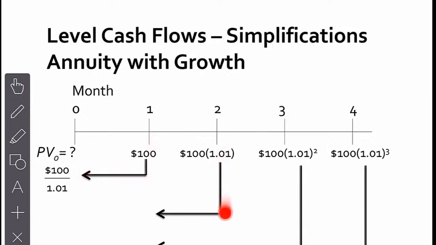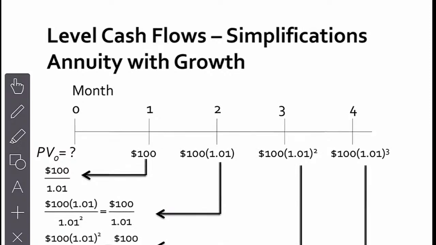The second one, 2 periods. The third one, 3 periods, and so on. Notice what happens. So this is this amount, 1 period, 2 periods. This amount gets discounted 3 periods, and this one 4 periods.